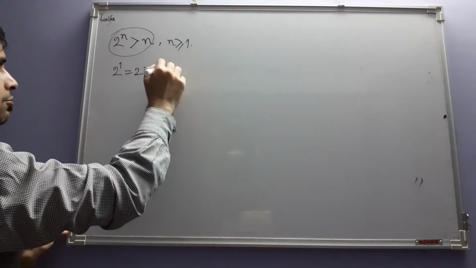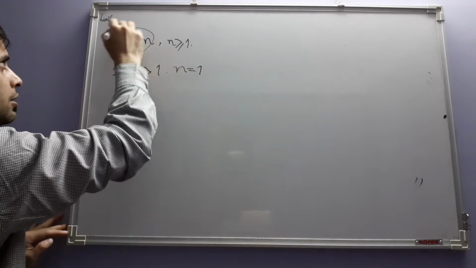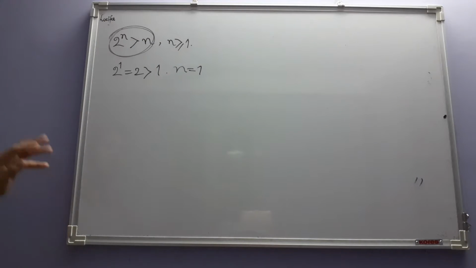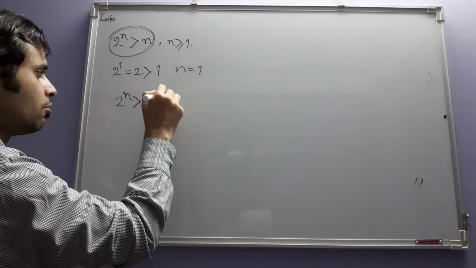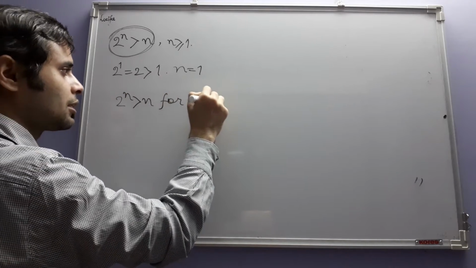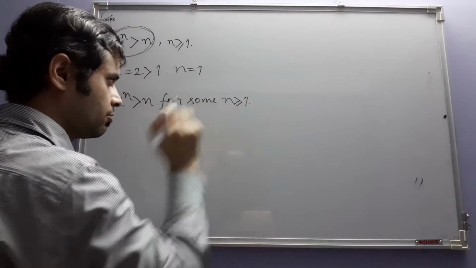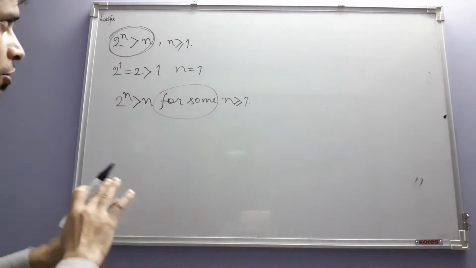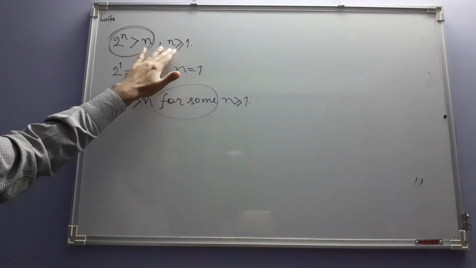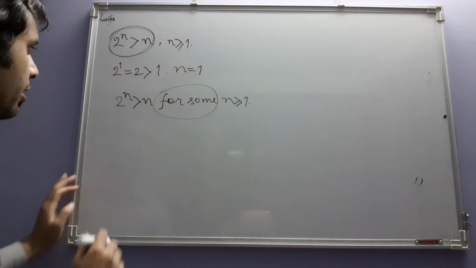So clearly for n equal to 1, the inequality is true. Then assume that the inequality is true for some n greater than or equal to 1. Don't forget to write this for some, okay? Not for all. For all we have to show, and we are showing that.